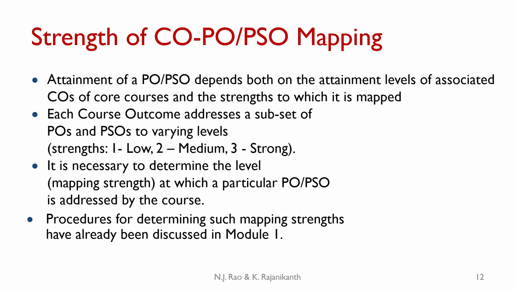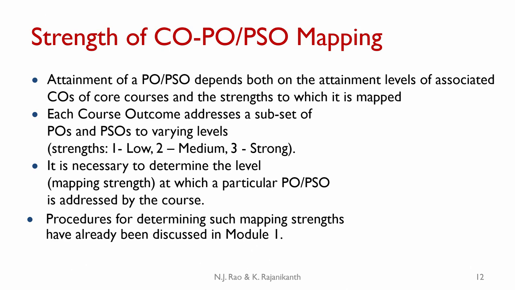We now look at the strength of CO-PSO mapping, which we have seen is required to compute the attainment of POs and PSOs. So we are only recalling what we have done in module 1. The attainment of a PO or PSO depends both on the attainment levels of associated COs of core courses and the strength to which it is mapped.